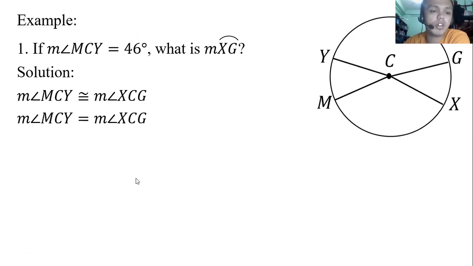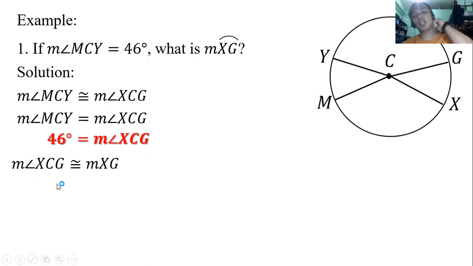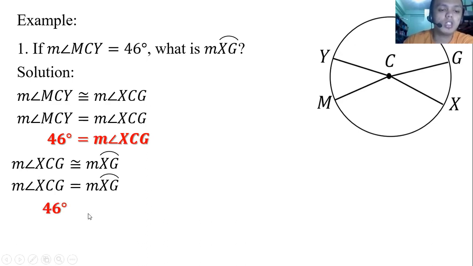Therefore, they are also equal. If measure of angle MCY is 46, then measure of angle XCG is 46. And then, by applying the intercepted arc theorem, measure of angle XCG is congruent to its intercepted arc XG. If XCG is 46, therefore arc XG is also 46 degrees. So they are congruent.